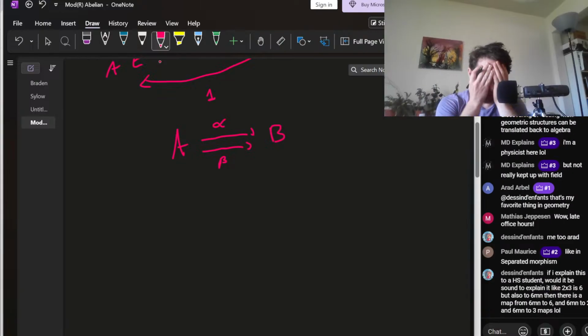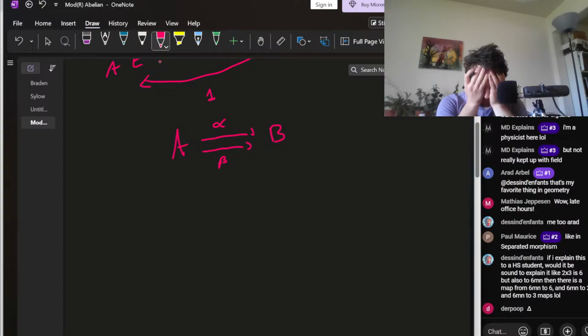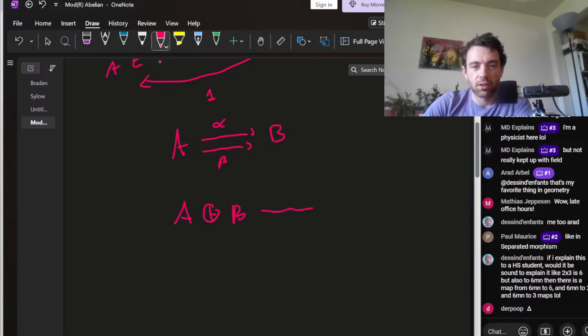And let's see, can I do this from memory? How does alpha plus beta go? Well, right, we get a map, we also get a map here that's alpha sum beta by universal property nonsense.